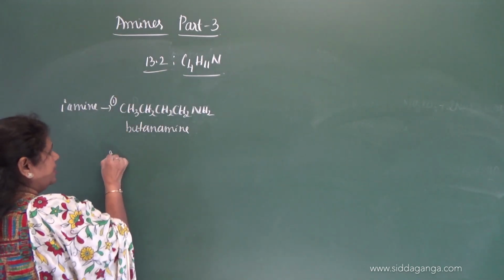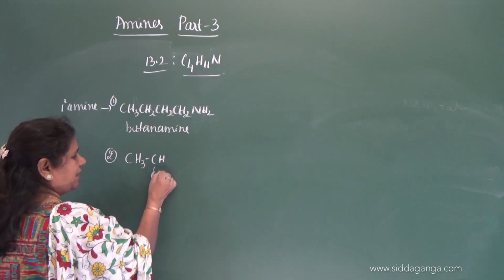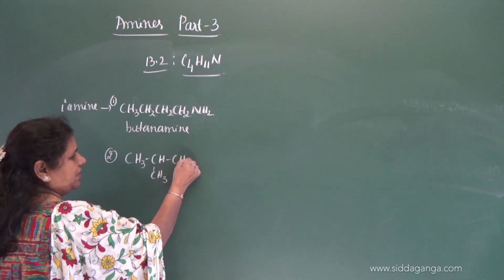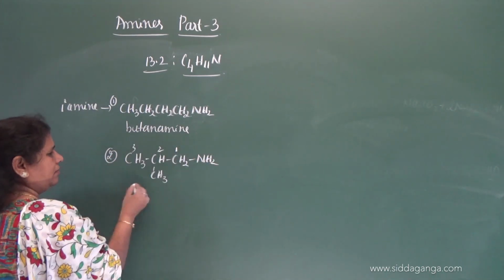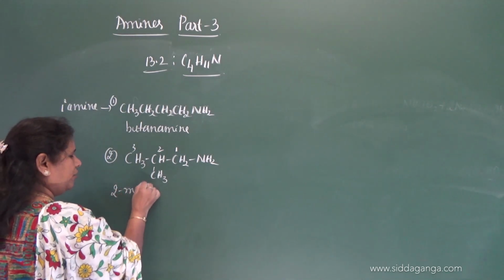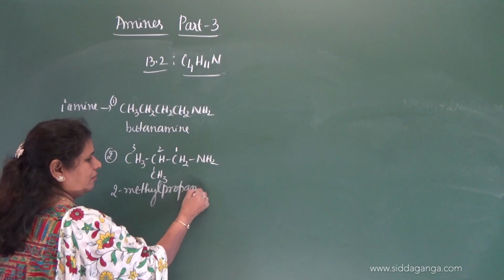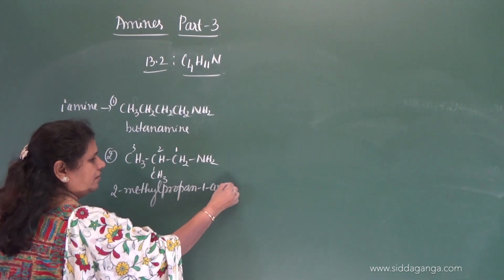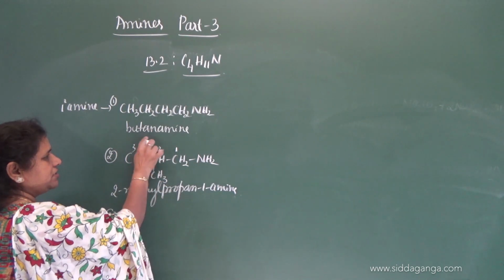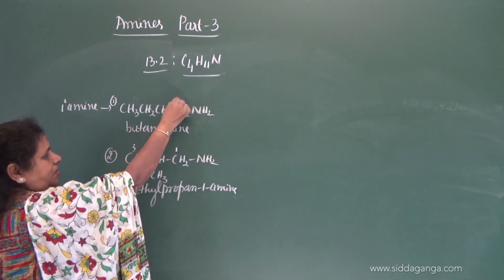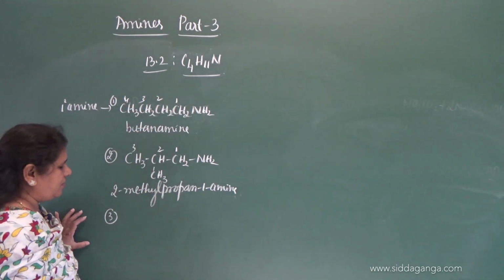Second one, just branch the chain, CH2NH2. This is 2-methyl propanamine, 2-methylpropan-1-amine.